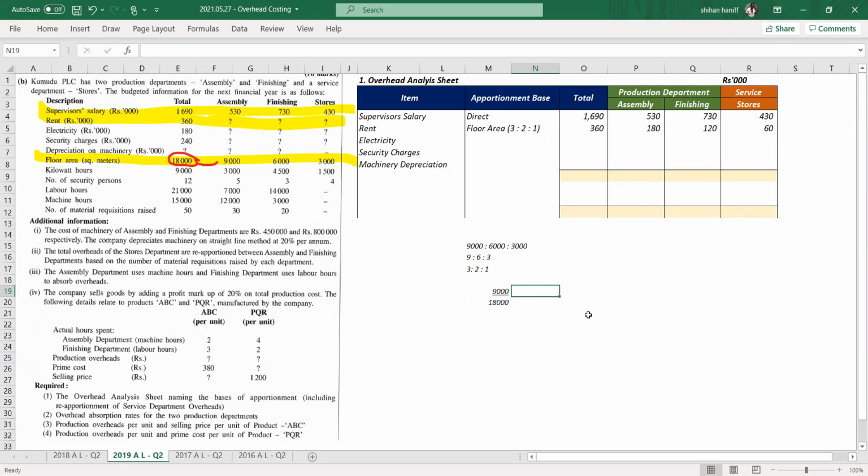Then 6,000 over 18,000 is for finishing, and the stores 3,000 over 18,000.